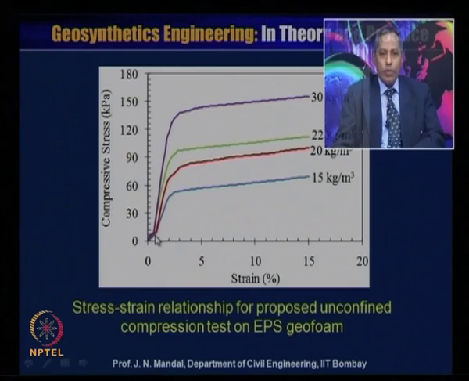You can see that initially the compressive stress is increasing with increasing strain, and then as strain increases, the increase in stress is not as steep as in the beginning. Even then it is increasing. There is no decreasing trend even when you go up to 15% of strain.